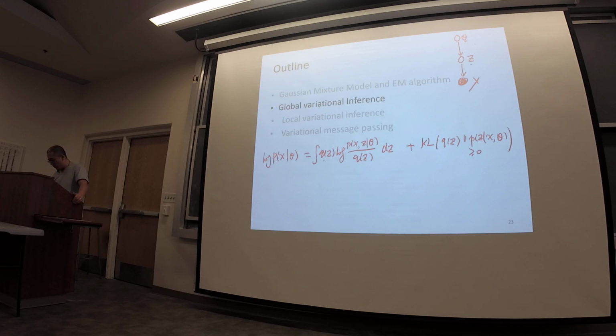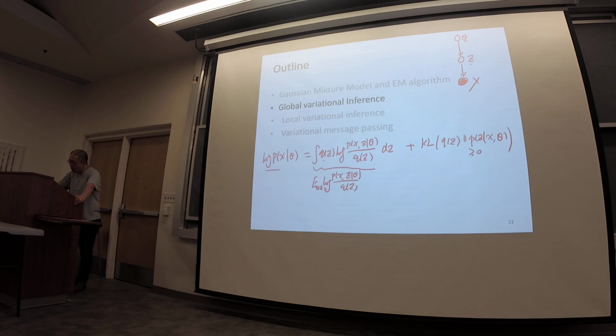So the first term, the expectation of this log fraction under Q of z, is called the evidence lower bound because it is smaller than or equal to the log evidence.